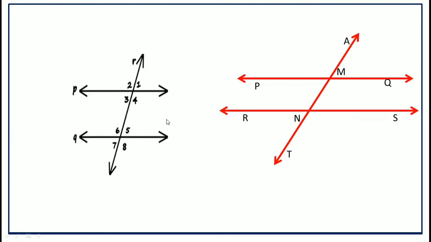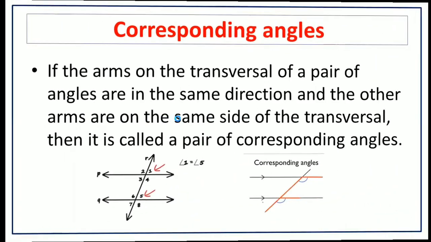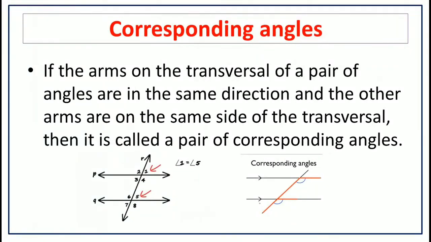Then first you learn the corresponding angles. If, on the transversal, a pair of angles are in the same direction and the other arms are on the same side of the transversal, then it is called a pair of corresponding angles. Here I show two diagrams, that is the corresponding angles, and I give names to the angles 1, 2, 3, 4.